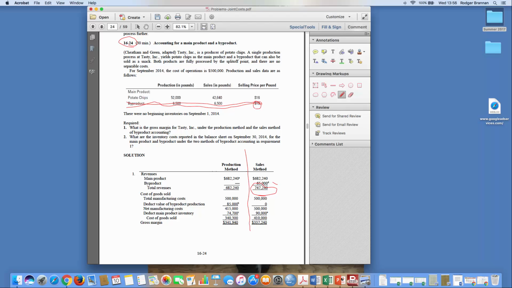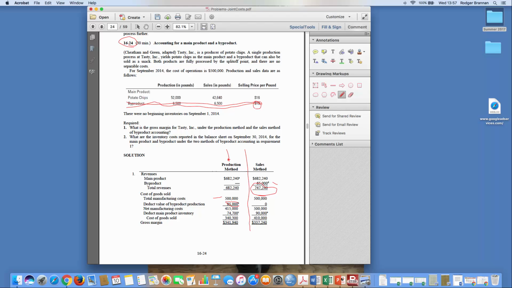So one of the ways that you can perhaps get a little bit better internal control over cash transactions, and again, there's always a balance here in terms of cost and benefit, is that I'm not going to add the amount of byproduct to revenues. Rather, I'm going to take my total manufacturing cost and subtract out the amount that I would get if I sold all of the byproduct.